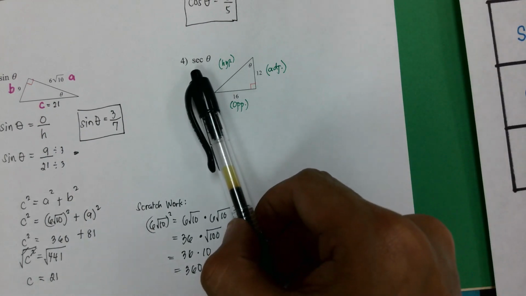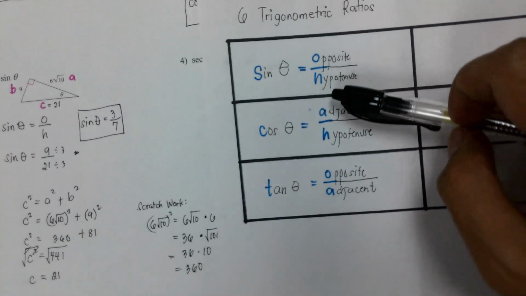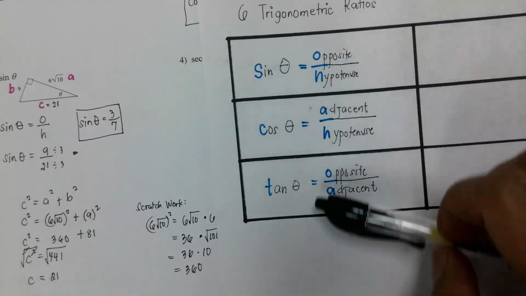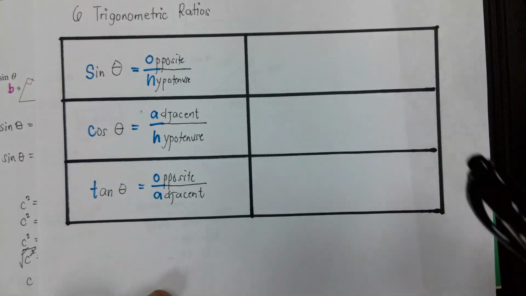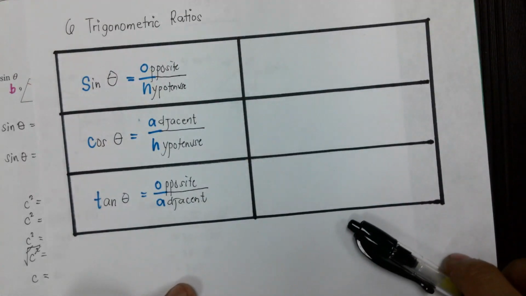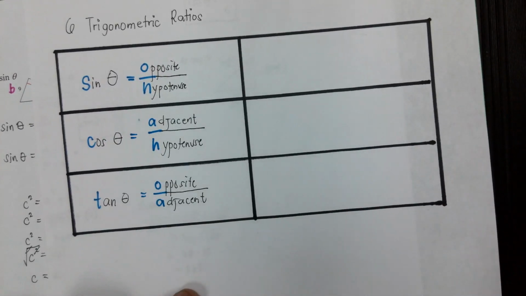Now, secant theta is not automatically part of our SOHCAHTOA acronym. However, this table will guide us in identifying the counterparts of the first 3.